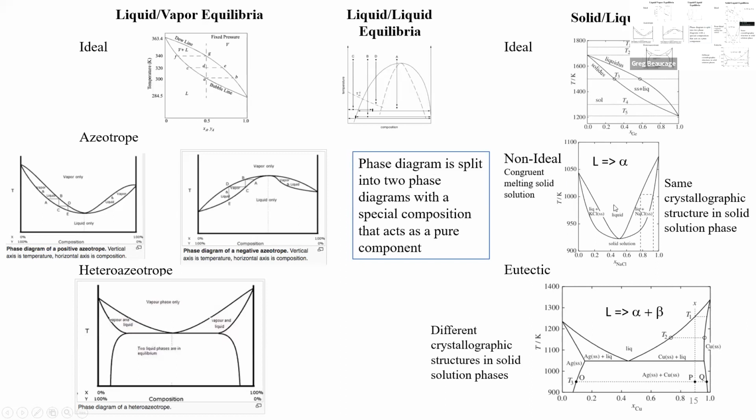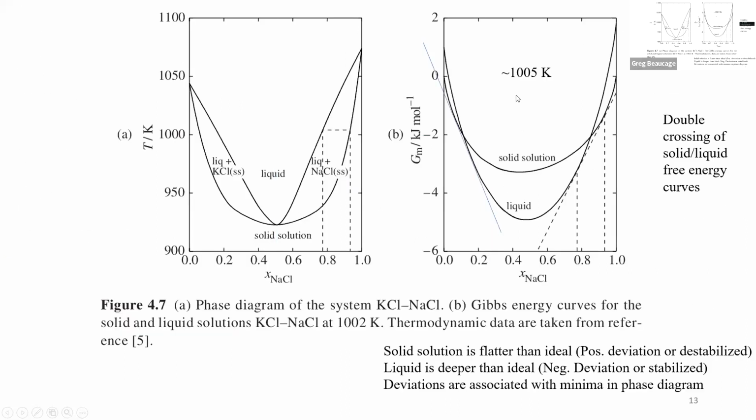It's a congruent melting system. So again, this is the bread and butter for chemical engineering, and the eutectic is the bread and butter for materials. Sorry. To get that, all you need is an odd-shaped equilibrium or free energy curve for the solid.